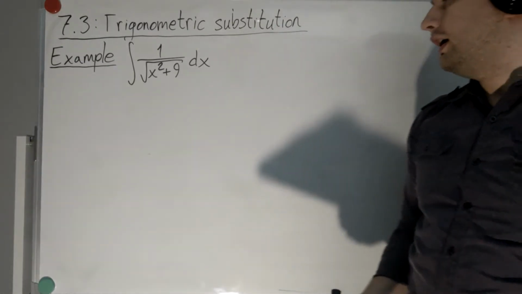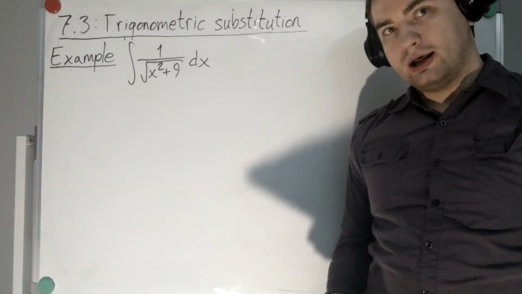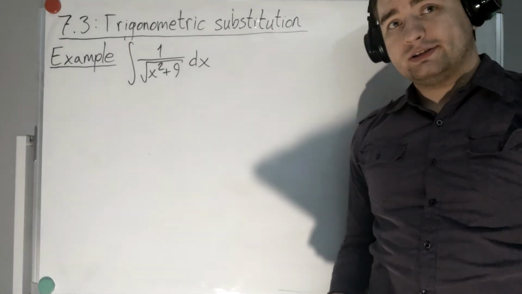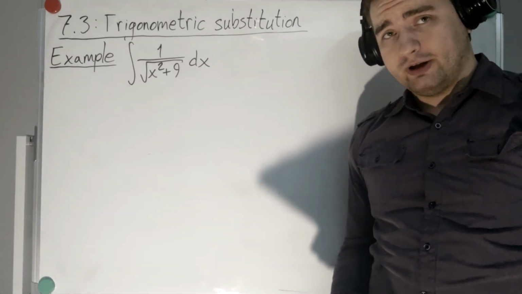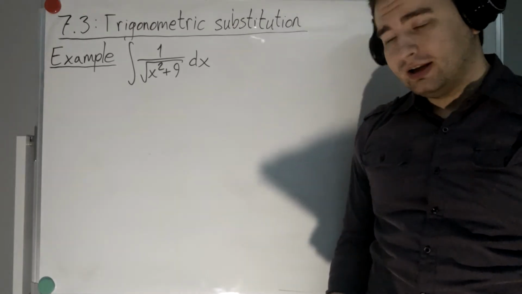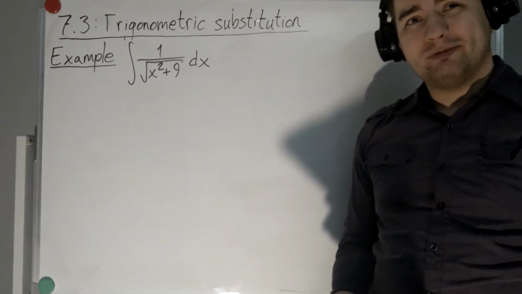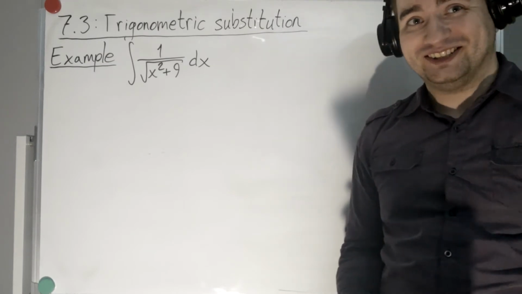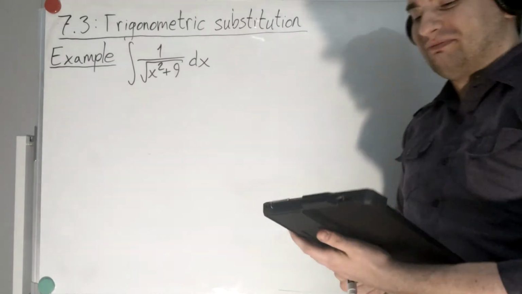So once again, u substitution isn't going to help you here. This isn't the derivative of a function you know. And integration by parts, I'm not sure how much that would be helpful. I honestly just haven't worked it out.